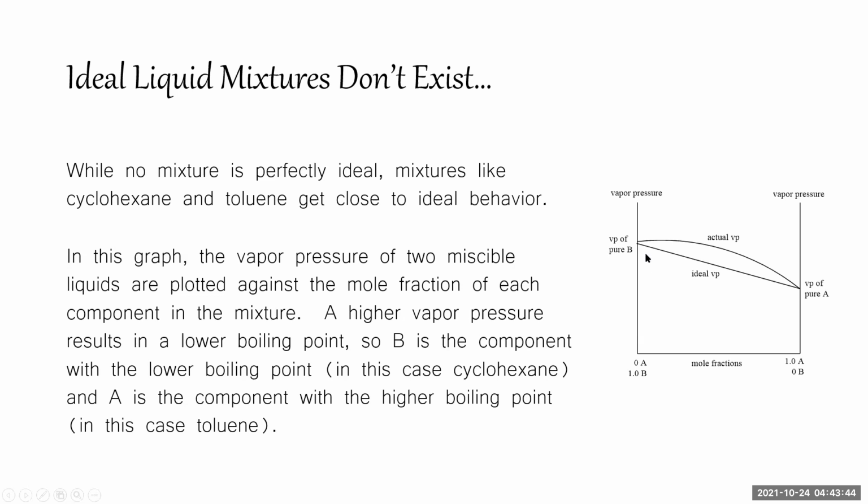So Raoult's law basically allows us to draw this straight line between the vapor pressure of pure A and the vapor pressure of pure B. Because it says that for a mixture of two compounds making up a solution, the individual vapor pressures of the two liquids will be proportional to their mole fraction, and the vapor pressure of the mixture will be in between the two extremes: the vapor pressure of A on the low extreme and the vapor pressure of B on the higher extreme.